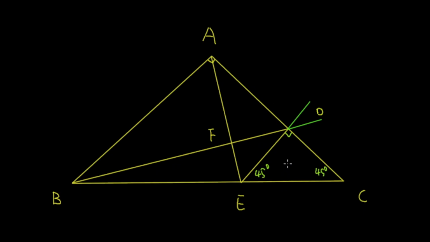Okay, now, since this is a 90-degree angle, what does it mean to this line and this line? So this line here and this line here are perpendicular to each other. So that means this is also another 90-degree angle, right? Yes. So what does it mean here?